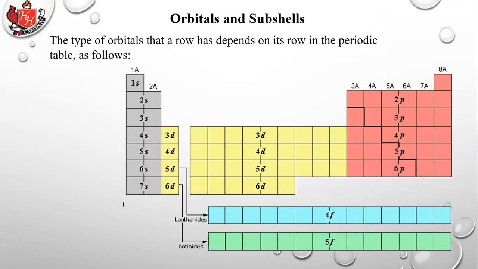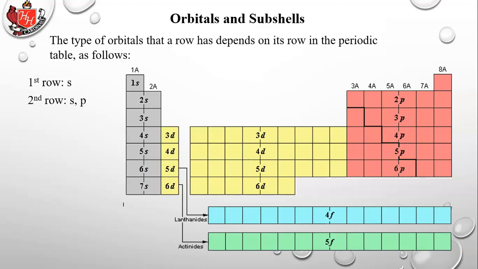So the type of orbitals that a row has depends on its row in the periodic table as follows. The first row is only an S subshell. That would be hydrogen and helium. The second row has an S and P subshell.